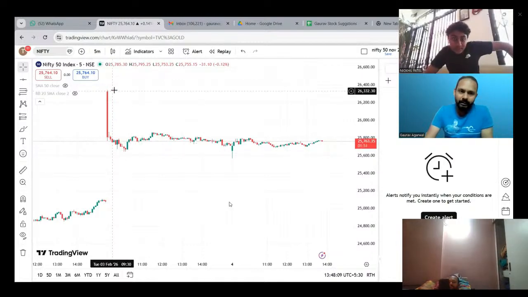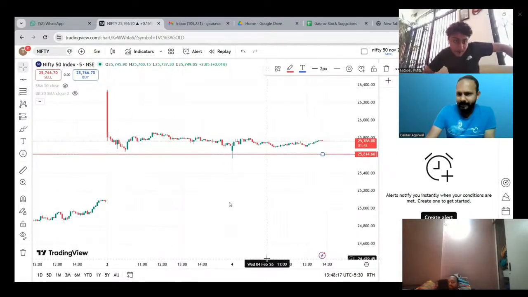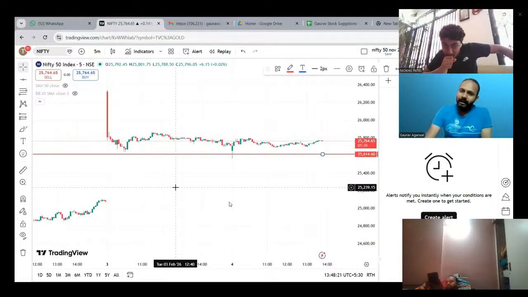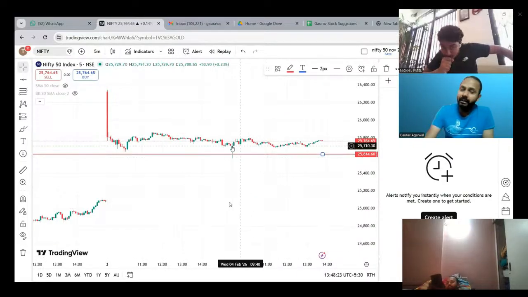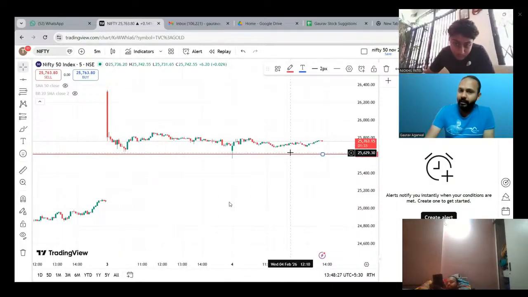Here you can see that candle, but then it dropped. It dropped, but it didn't fill the gap yet. So if the gap is not getting filled, that means the momentum is very strong. Some smart money and big players might have entered here, and they will not let it go down very easily.